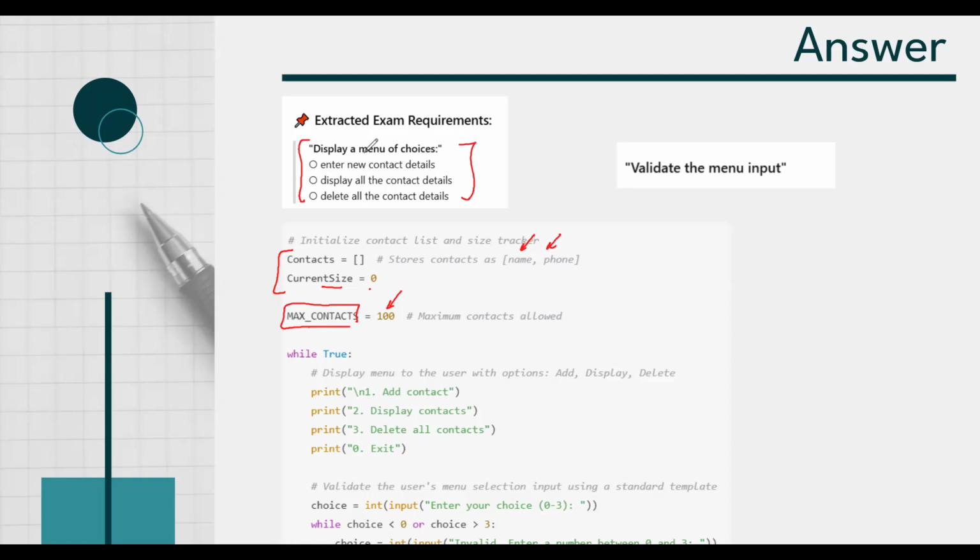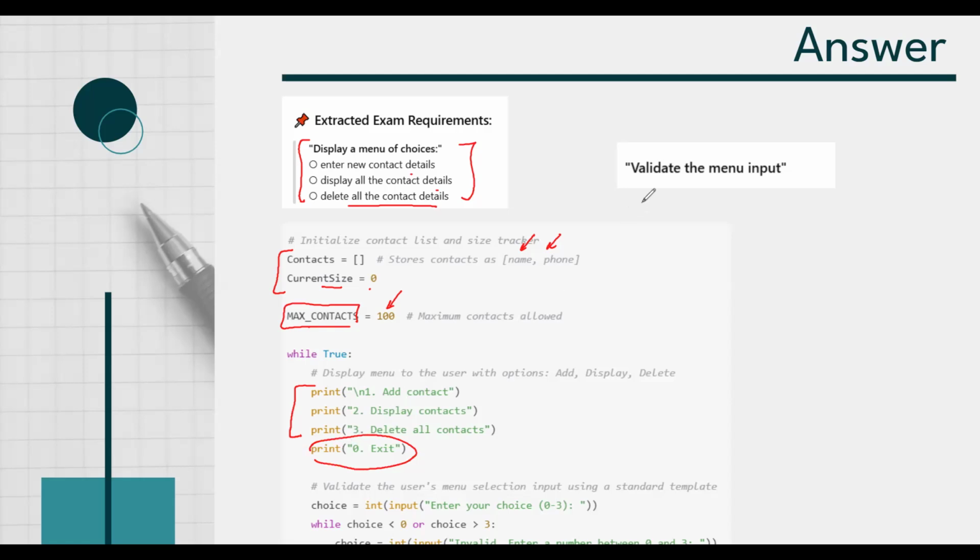If you can see here, we talk about displaying a menu of choices. We need to enter new contact details, display all the contact details, and delete all the contact details. So if you look here, these are the 3 requirements, and definitely this is something that we use to exit the menu itself.